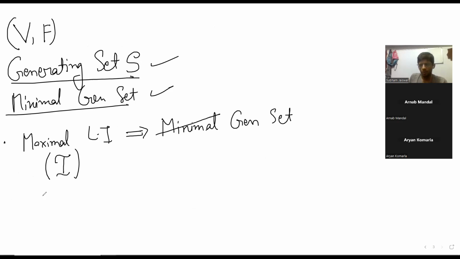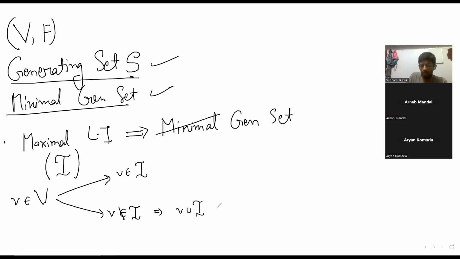So you take any vector V in the vector space. If V is in I already, nothing to do. If V is not in I, then what do you do? This implies that V union I is not independent. This implies that there is some subset whose linear combination is zero.